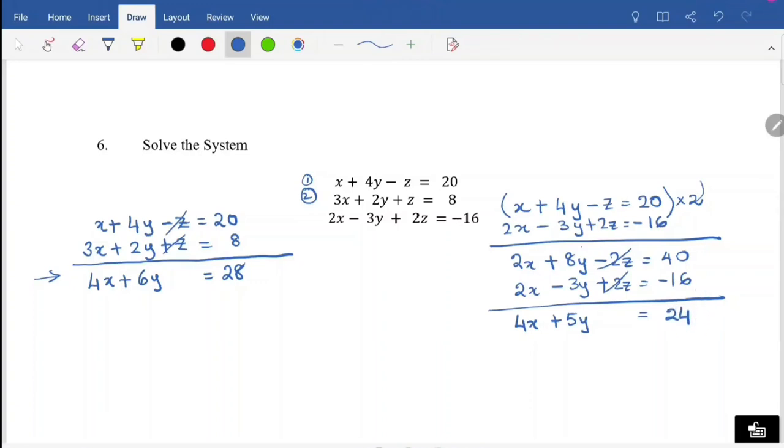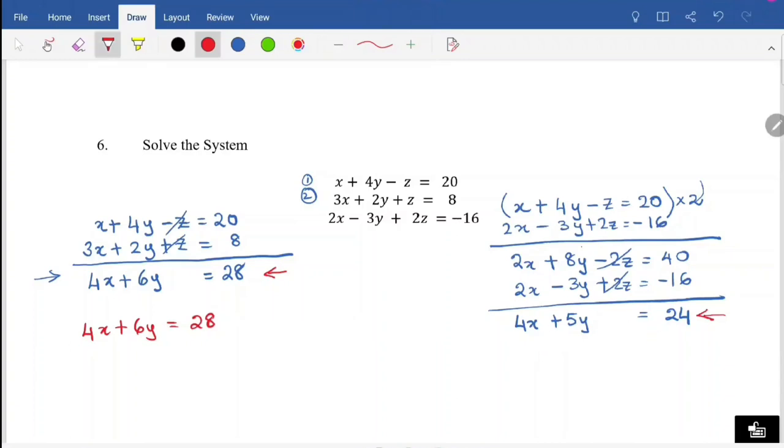So now we have two equations in two variables which we are going to use to solve for x and y first. All right. So I'm going to take this equation and this equation, which are now in two variables, x and y, and let's solve them. So I'll have 4x plus 6y equals 28.